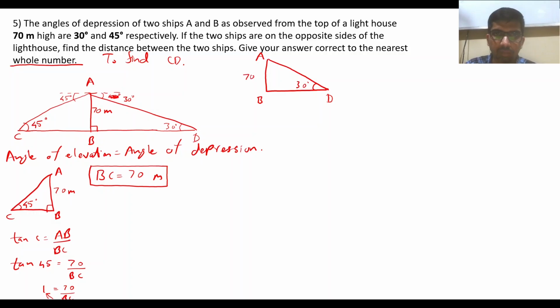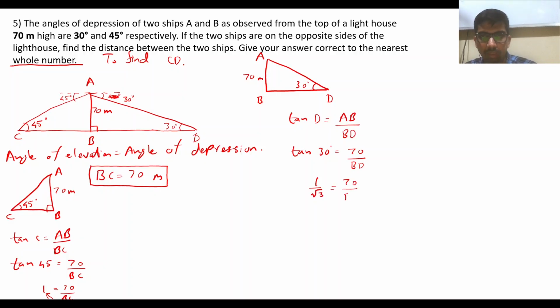You know this is 70 meter height है इसका. ठीक है. Now apply tan D formula. So tan D is what? Opposite side is how much? AB. Adjacent side क्या है? BD. So tan 30. AB की वैल्यू क्या है? 70. And BD is how much? We don't know BD. That's what we have to find. Tan 30. 1 upon root 3.